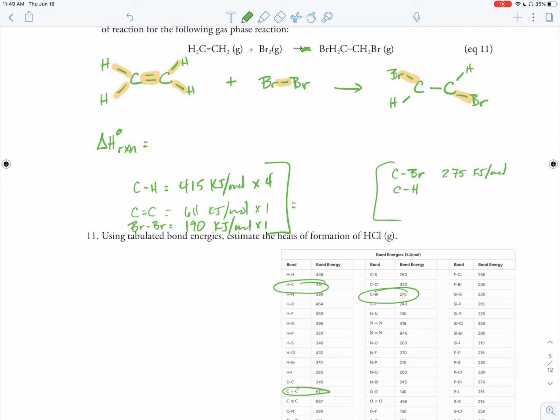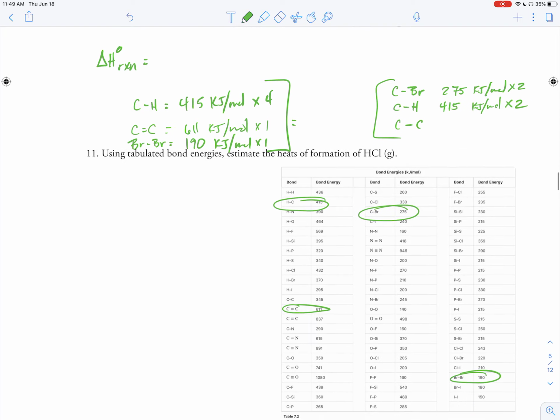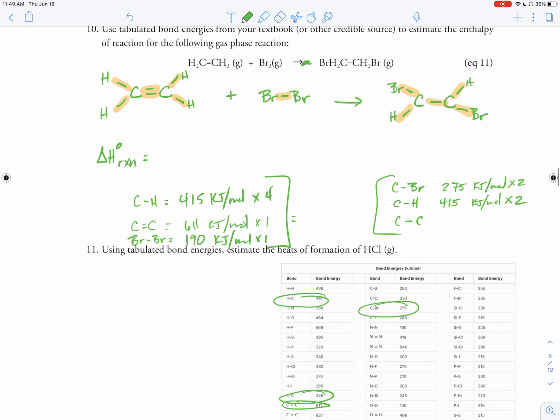Carbon-hydrogen, again, same thing, 415 as previous, and we have 2 of those as well. And then we have 1 carbon-carbon single bond, which is here, 345 kilojoules per mole, and we've only got 1.